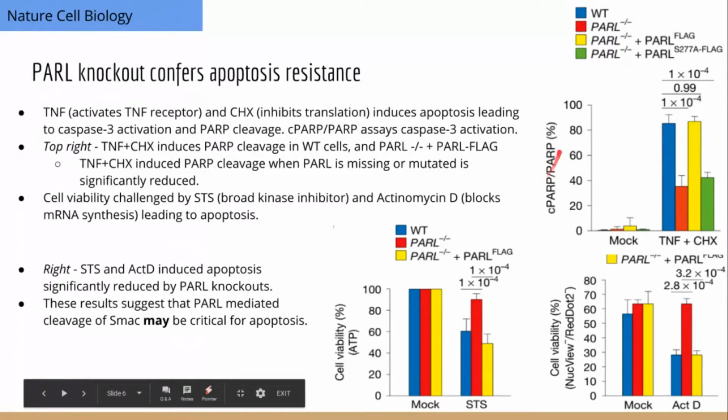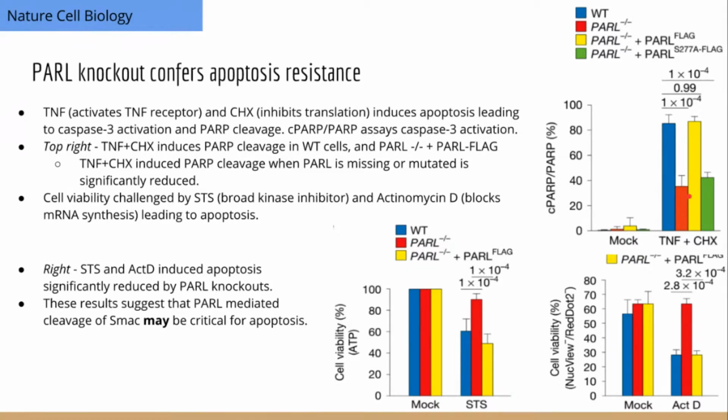So in this top right graph, they observed that PARL negative cells, or PARL negative cells expressing an enzyme deficient PARL in green. So in green is enzyme deficient, or a PARL that can no longer cleave its substrate, and in red is just no PARL at all.